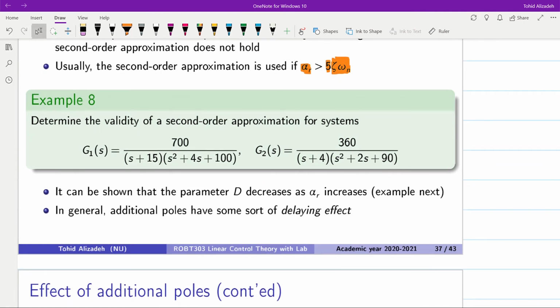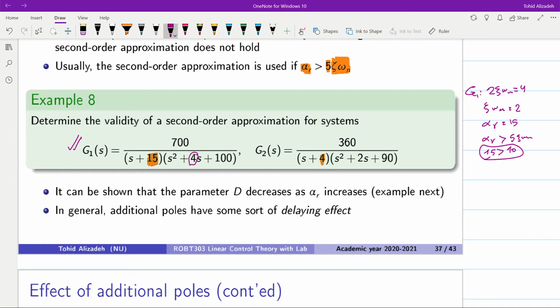In this example, we can determine whether the second order approximation for the systems is valid or not. You can see the values for alpha_r as 15 and 4 here, and we have the value for zeta omega_n. For G1, 2 zeta omega_n equals 4, so zeta omega_n is equal to 2, and alpha_r is equal to 15. Alpha_r is bigger than 5 times zeta omega_n, as 15 is bigger than 5 times 2, which is 10. So for the first system, the second order approximation will be valid.